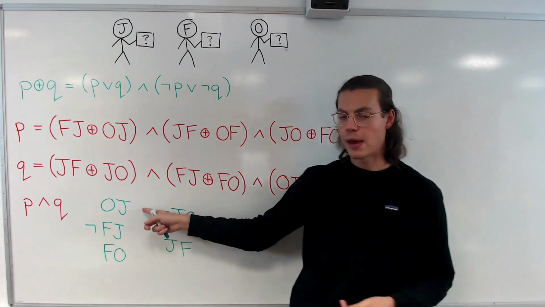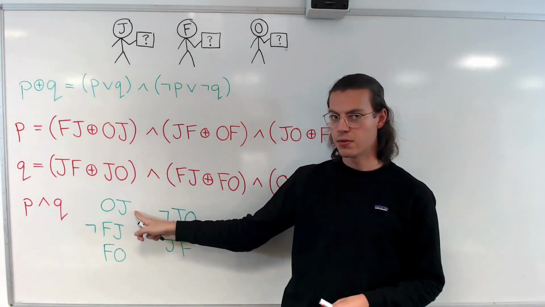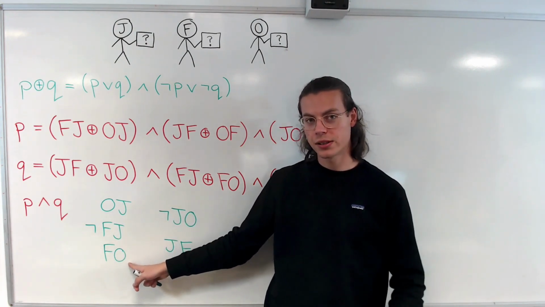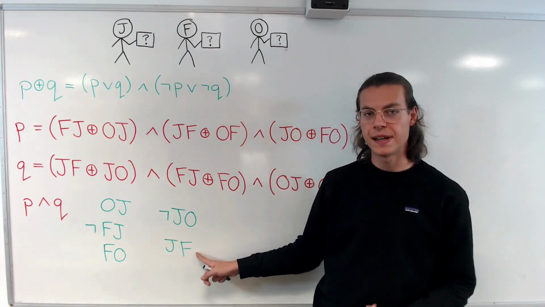So, from the fact that Oscar is written on Joel's piece of paper, we have deduced that Felix is written on Oscar's paper and Joel is written on Felix's paper.